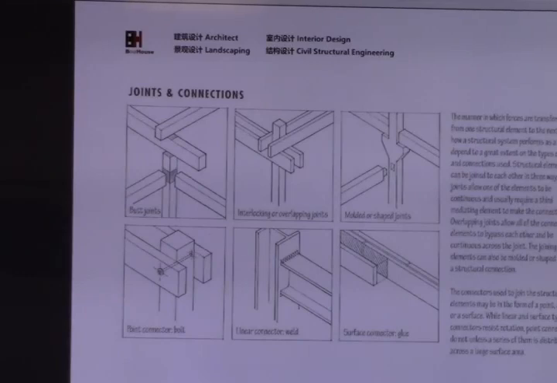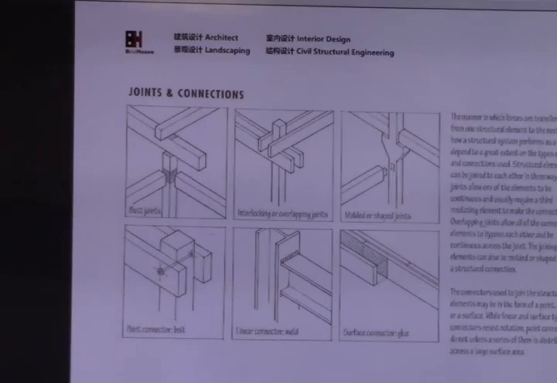Why do we use the bolt connection? Because structural steel is fabricated at the shop, shipped to site and installed, so we need the bolt connection, right? Also, we can have site welding connection, but the welding connection is very expensive.